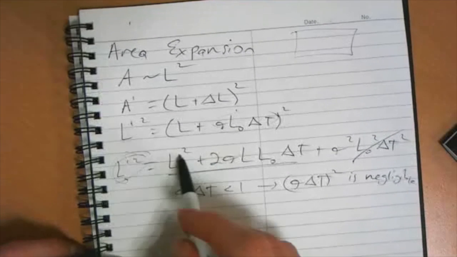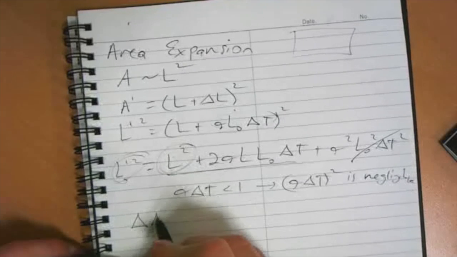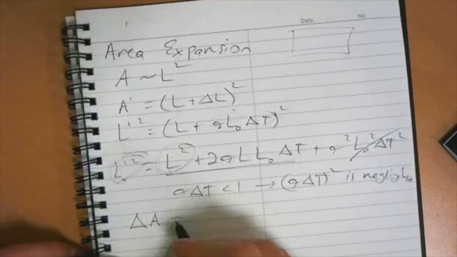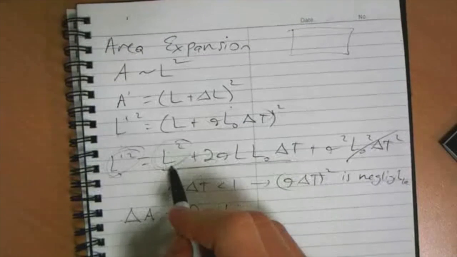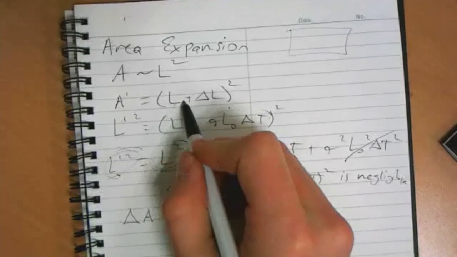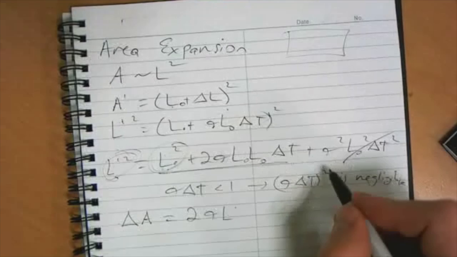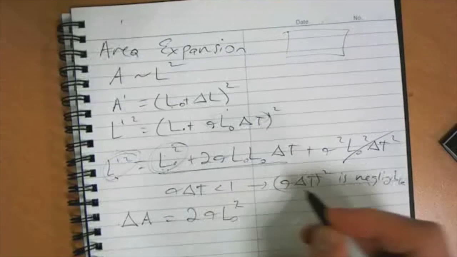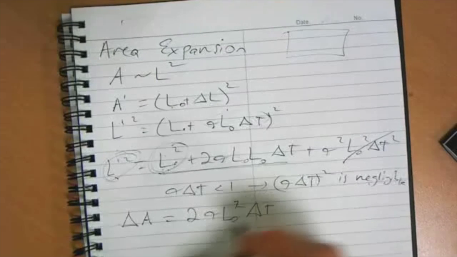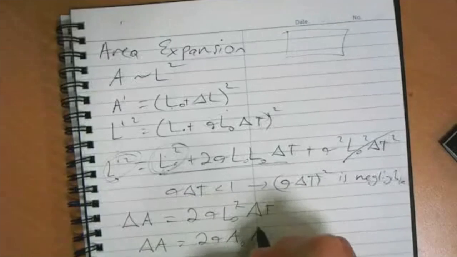This is our original area. So if we move that over, that becomes a change in area, and that is equal to our 2 alpha. This L was the original area, so that should be an L naught as well, just as this was an L naught. So that's 2 factors of L naught. That's 2 alpha L naught squared delta T, and an L naught squared is just our original area.